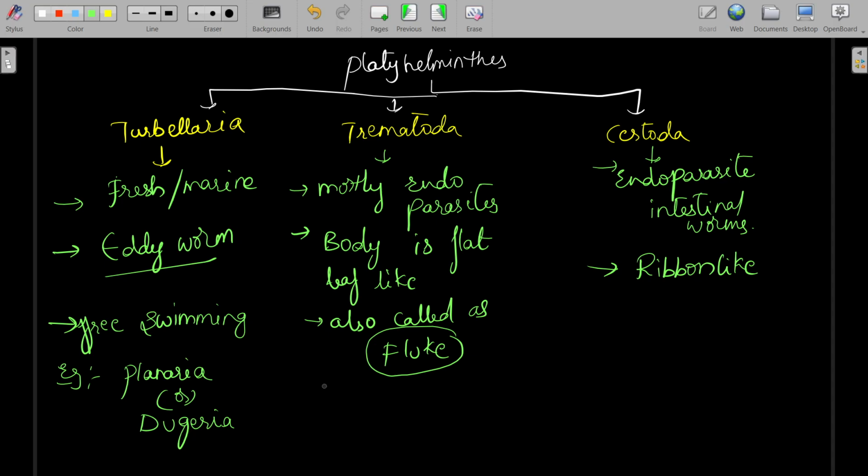Next, the example for Trematoda is liver fluke.